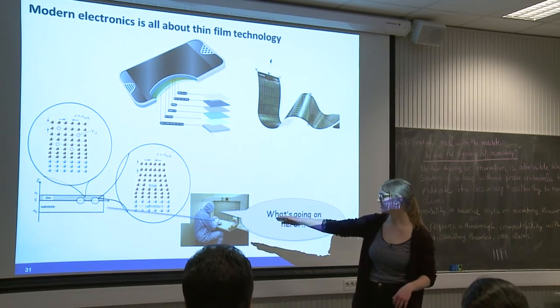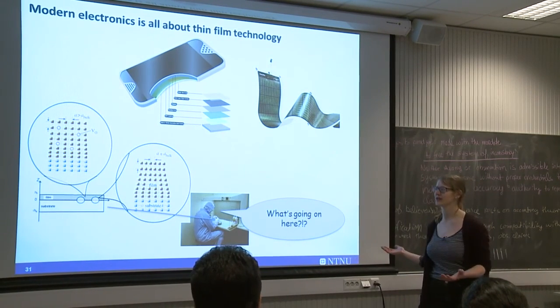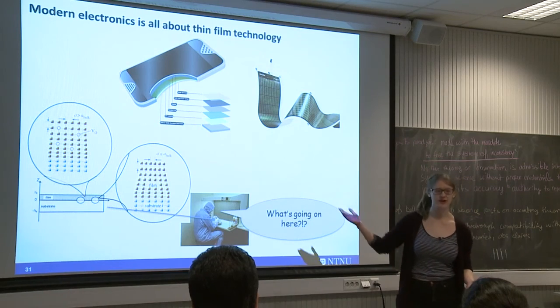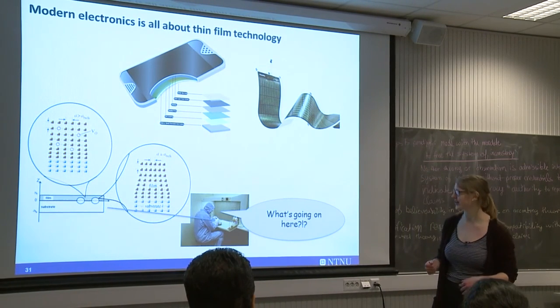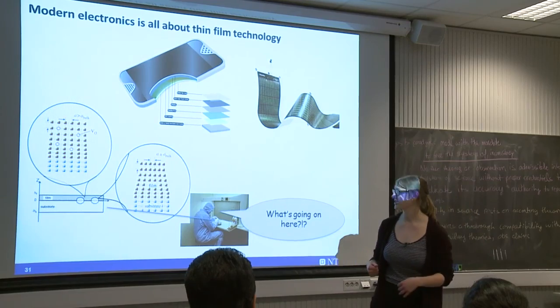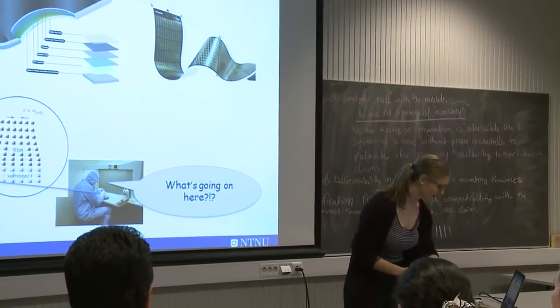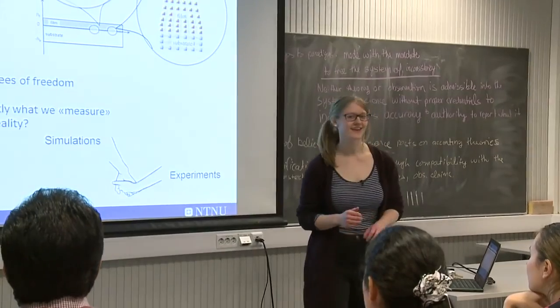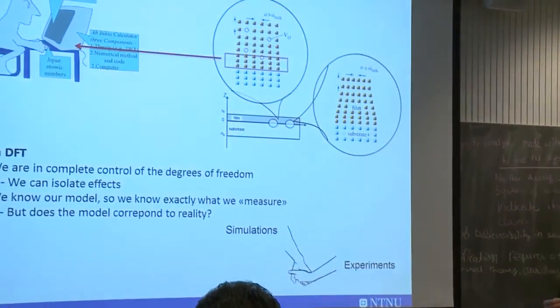Is the result because I have strain in my film? Is it because I have some interface interactions going on? Is it because of defects? I don't know. So here is where DFT, the beautiful tool of DFT, comes in, because it's so pure.